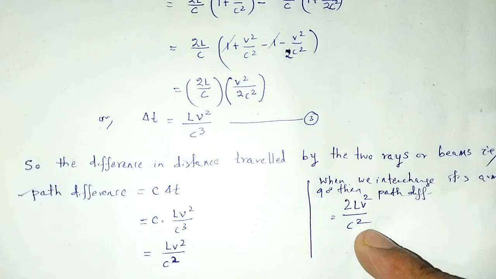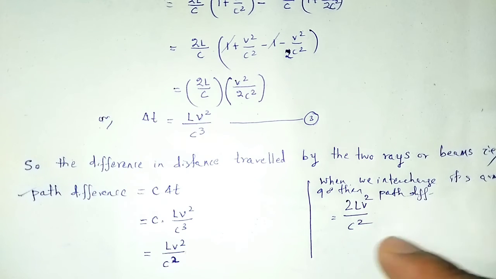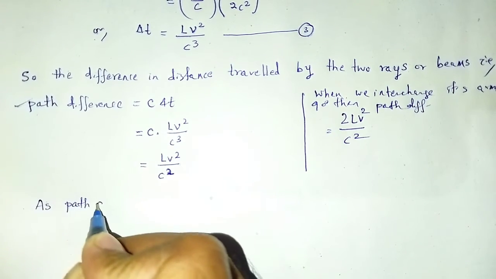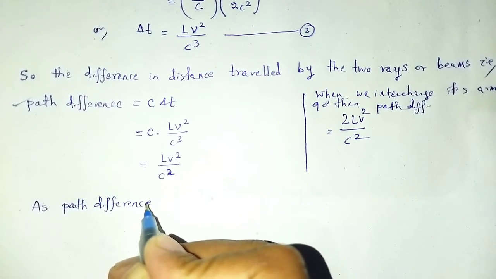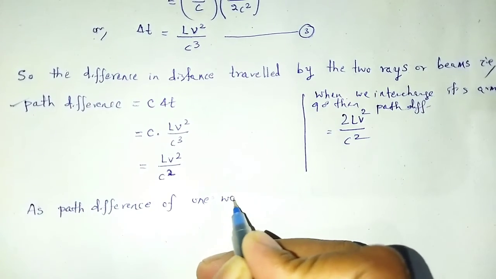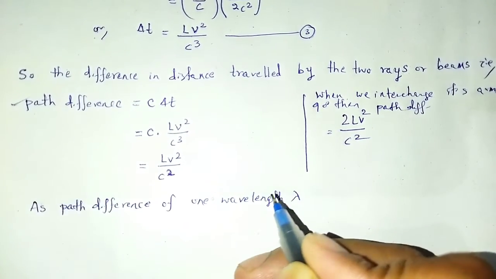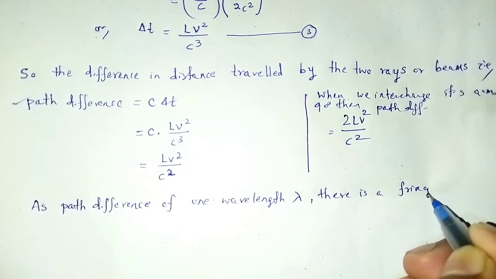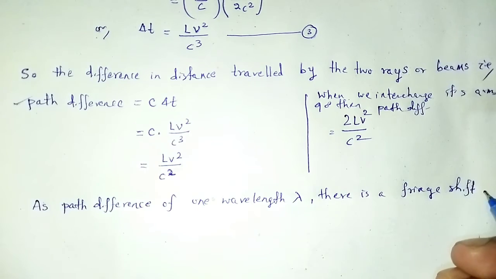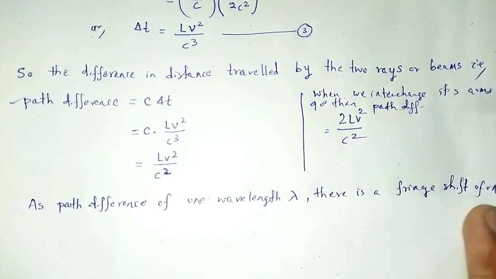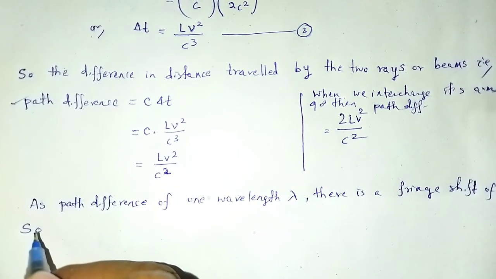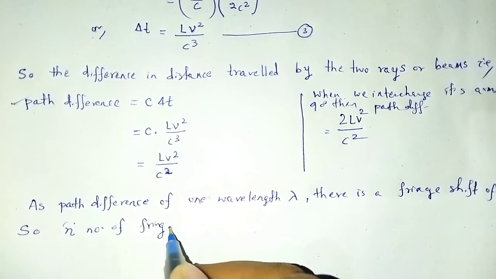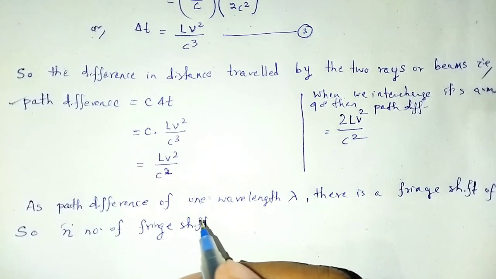As a path difference of one wavelength lambda gives a fringe shift of 1, for n number of fringe shifts, what should be the path difference?